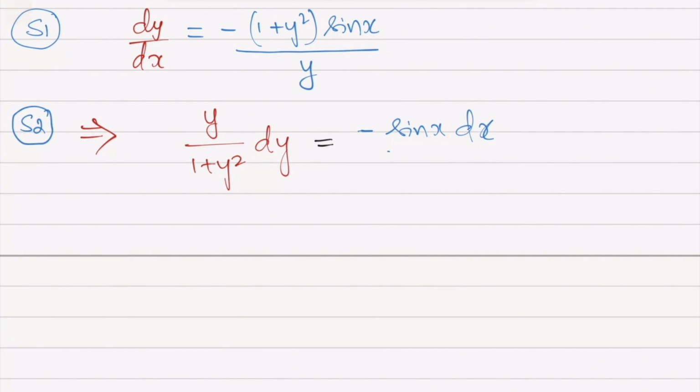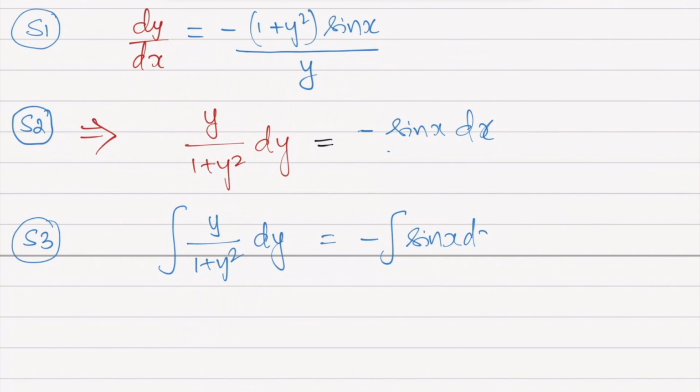So if I integrate this, that is my step 3, then I'm going to have the integral of y over 1 plus y squared dy equals negative integral of sine x dx.